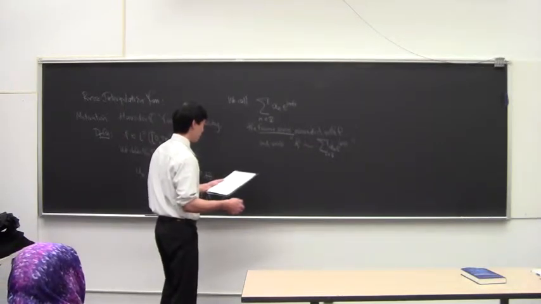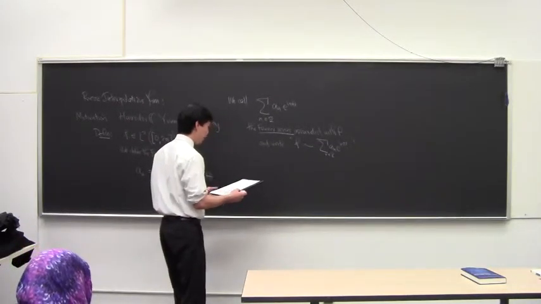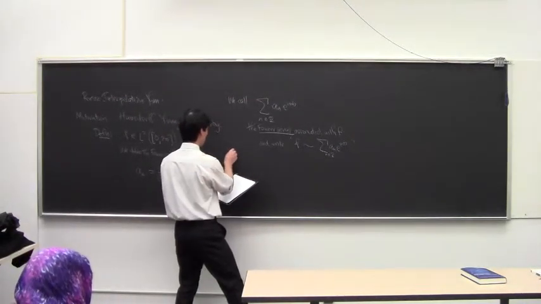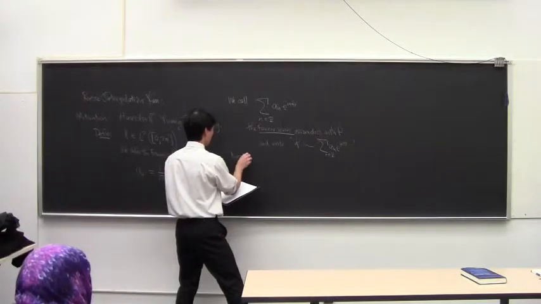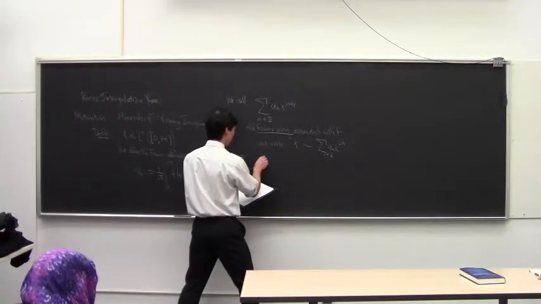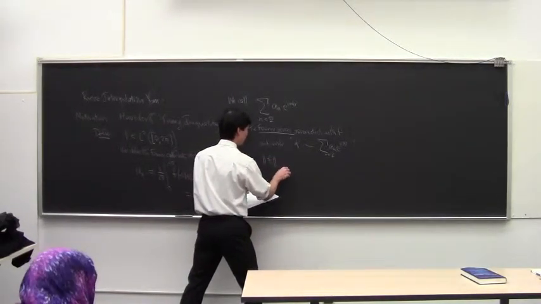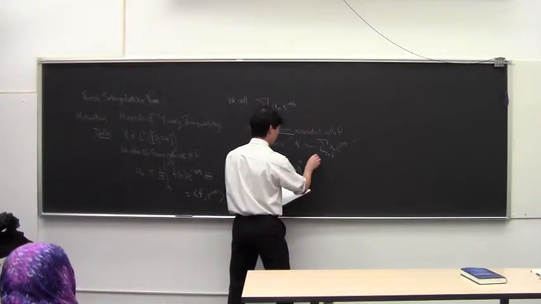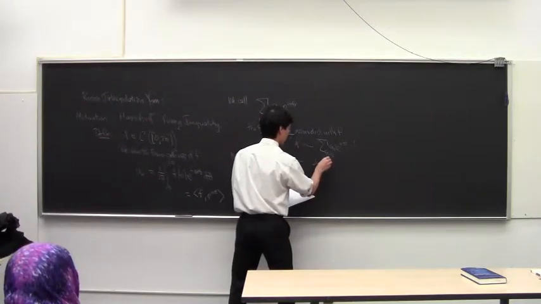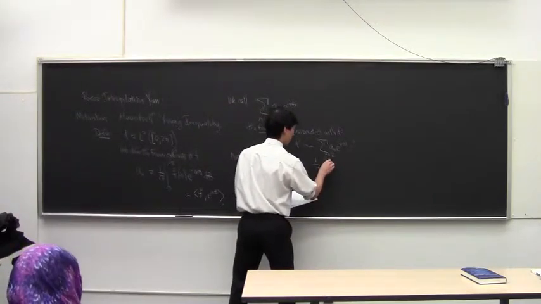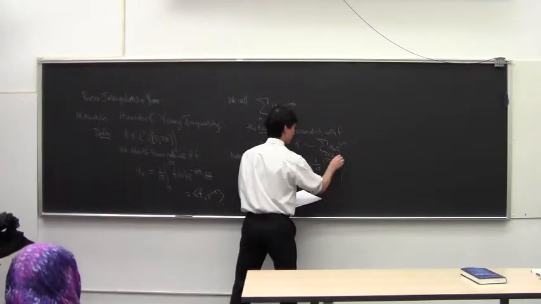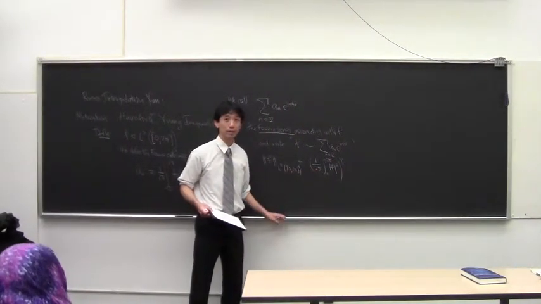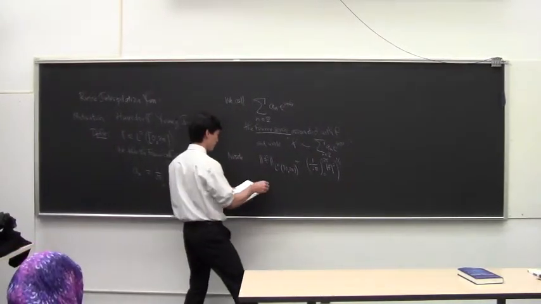Let's notate as follows. We'll notate the L2 norm on this interval as normalized, where we throw in the factor just for convenience.